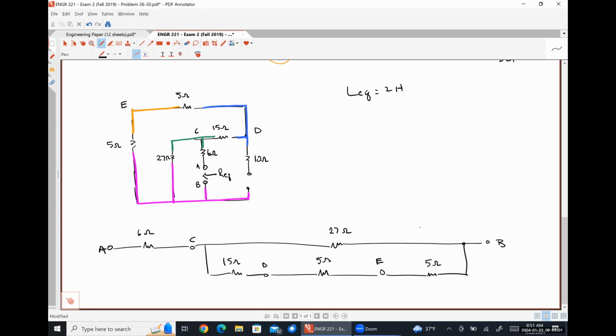And so to me, REQ looks like 6 ohms plus 27 in parallel with 25. Anybody have a problem with that?